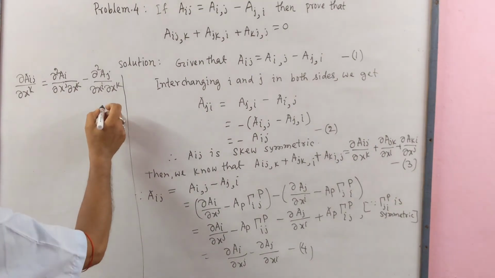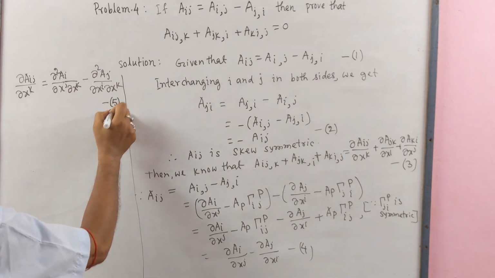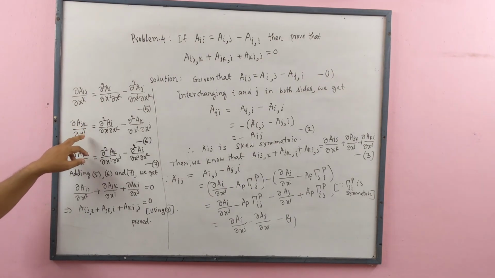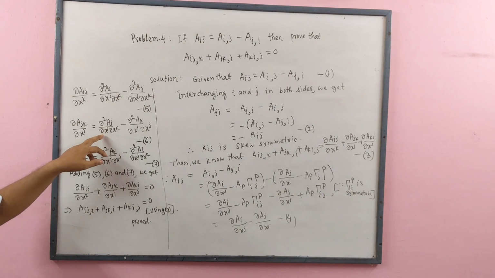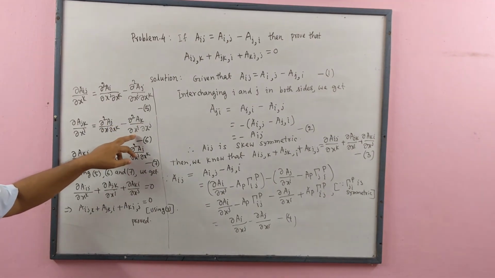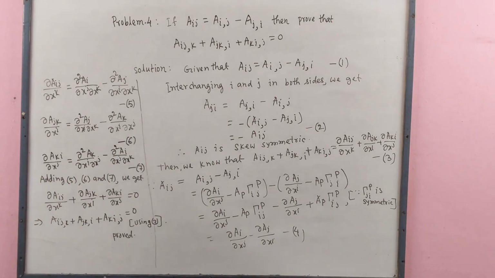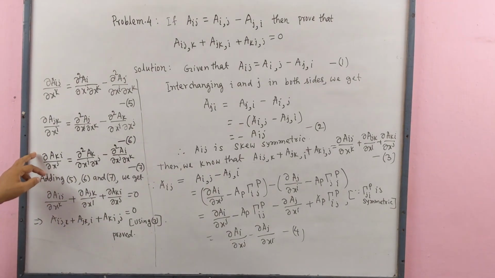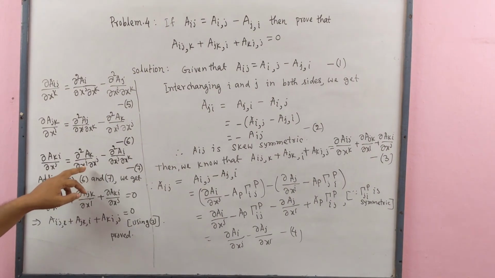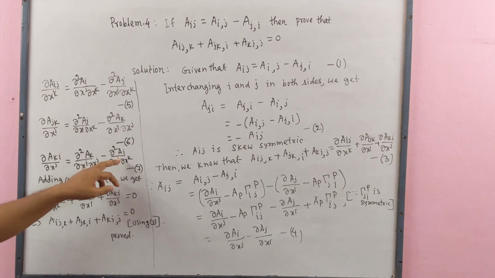This is number 5. Similarly, del a_{jk} by del x^i equal to del^2 a_j del x^i del x^k minus del^2 a_k by del x^i del x^j. Number 6. Del a_{ki} by del x^j equal to del^2 a_k by del x^i del x^j minus del^2 a_i del x^j del x^k.